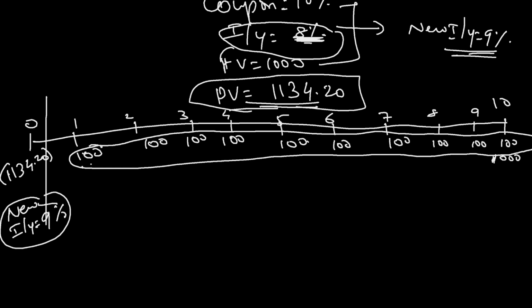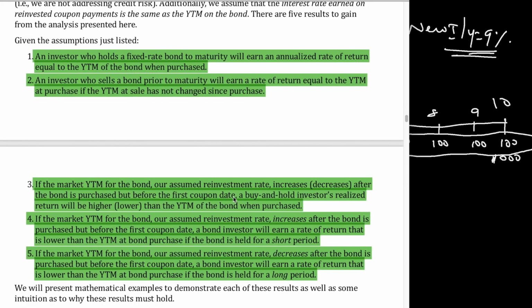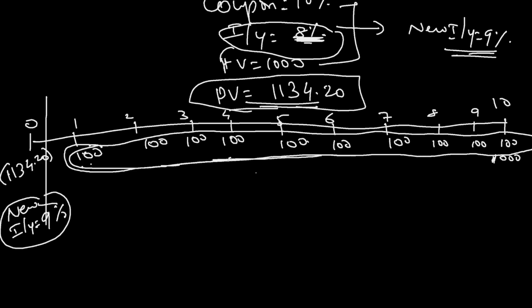Now I'm going to reinvest this at the rate of 9 percentage, and keep it till maturity, because it says a buy and hold investor's realized return will be higher. So first of all, what is the future value of all these 100?